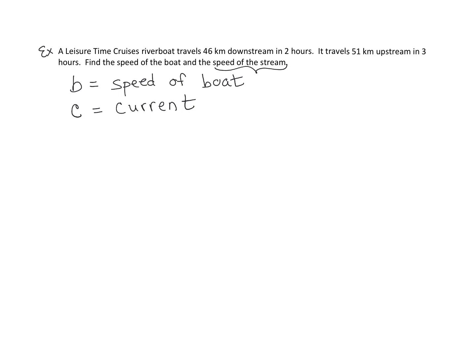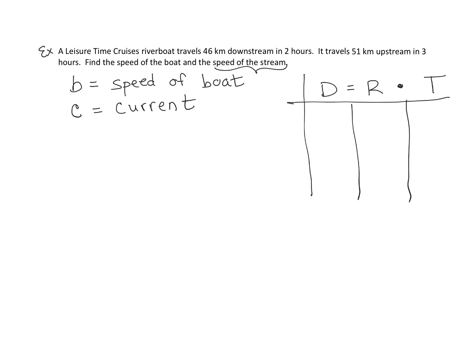Now, when I read this, I recognize that it's a distance, rate, time problem. And when I work with a distance, rate, time problem, I very often will make myself a table or a chart. Distance equals rate times time. And I like to fill in my chart with the information I have. So I have something going upstream and downstream.